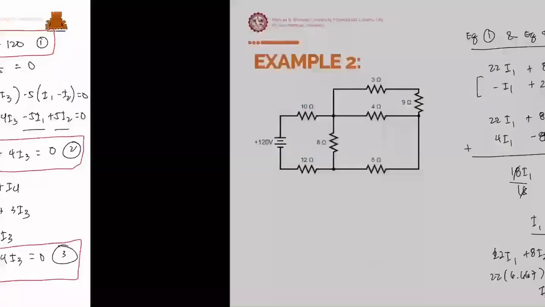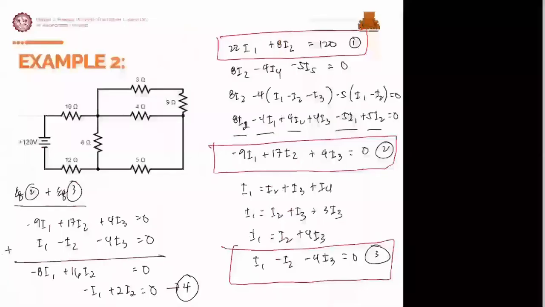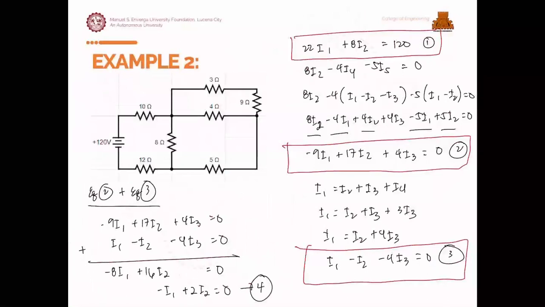Parang may namali ako ng addition dito. Negative 8, negative 2, 8I2, 120.